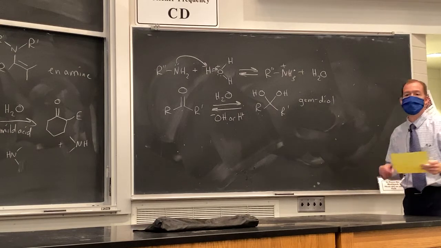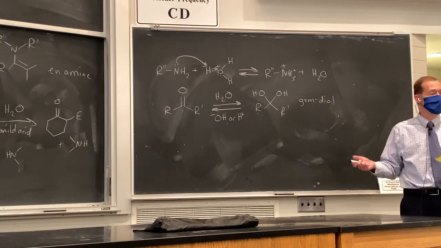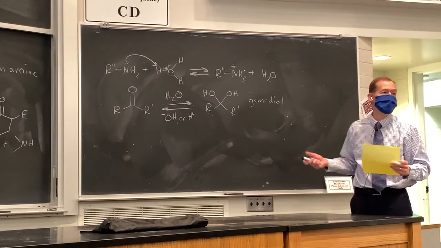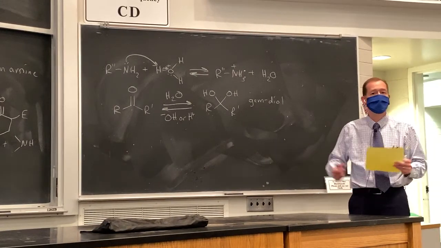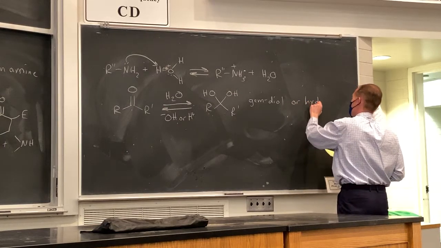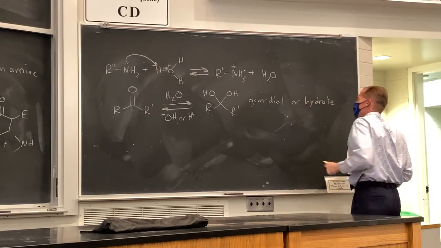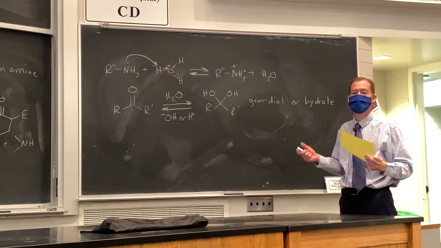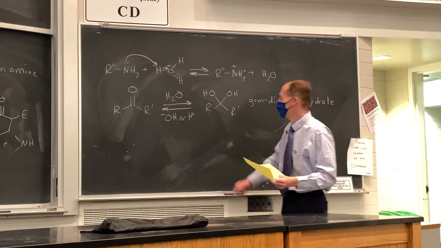And when we add water to a carbonyl compound, we generate something known as a gem-diol. Gem stands for geminal. Geminal is a term we learned last semester, which means on the same carbon. So if we have a diol on the same carbon, it's a gem-diol. There's another name for this species. We can call it a hydrate, because we've hydrated our carbon-oxygen double bond.